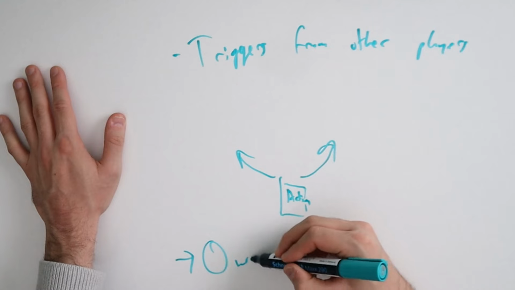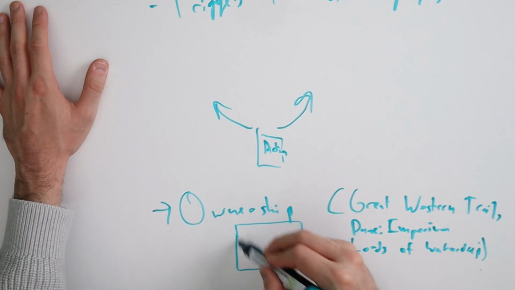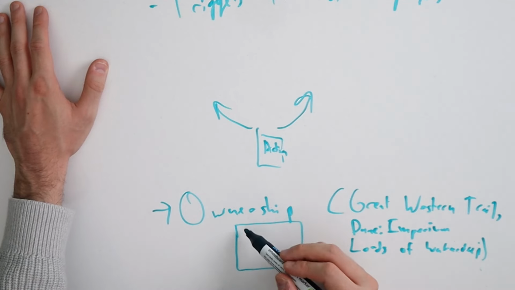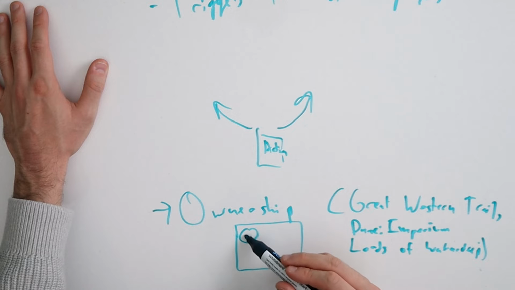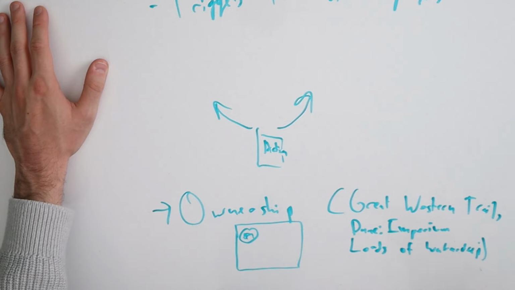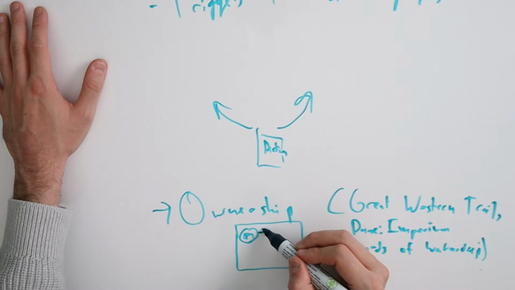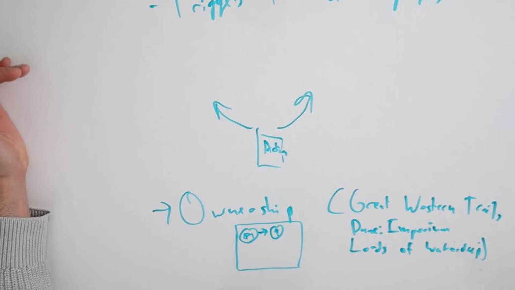Another type of trigger from other players, let's call it ownership. In Lords of Waterdeep, players can actually build new locations that other players can visit, but they've placed their own cube on there to signify that that's their place. And when other players visit it, well, you gain something. So you get this really cool interaction, which is, please go to the place that I've built.